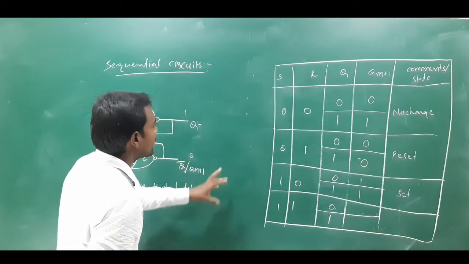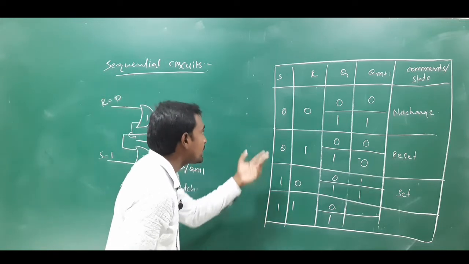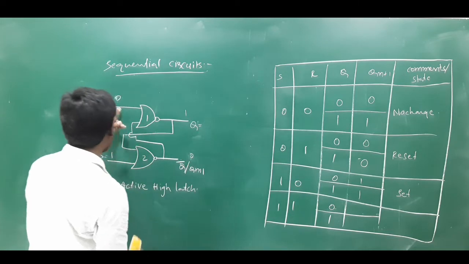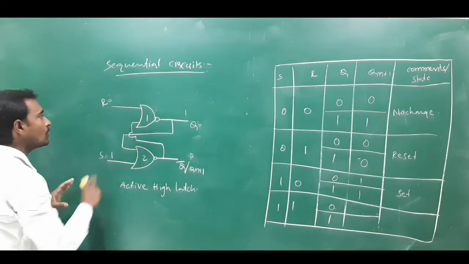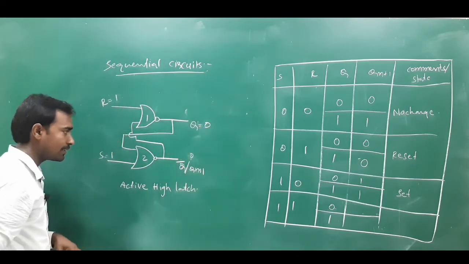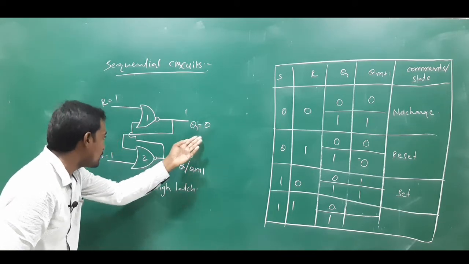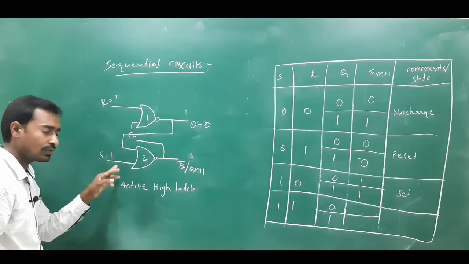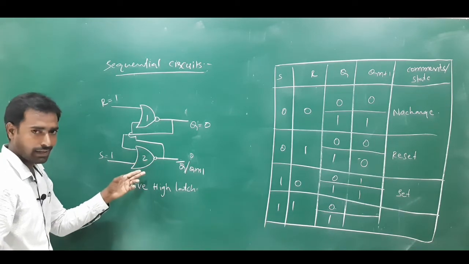Okay, and coming to the next inputs, here S is equal to 1 and R is equal to 1, and Q is equal to 0. This 0 input is connected to the second NOR gate, and S equal to 1 is connected to the second NOR gate.